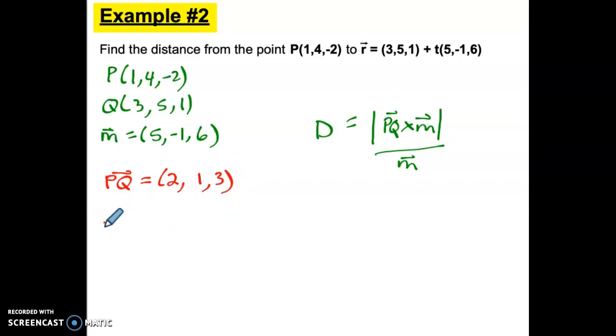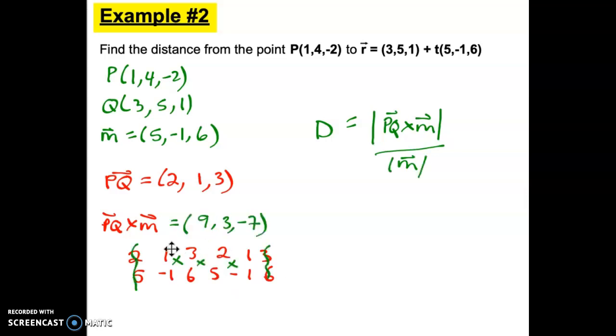And now we need to figure out PQ cross M. So that's when you do your little cross product memory trick. Okay, so give this a try and unpause the video to get an answer. Okay, so when you do the cross product, so multiplying the diagonal minus the multiplication of the off diagonal, you get 9, 3, negative 7.